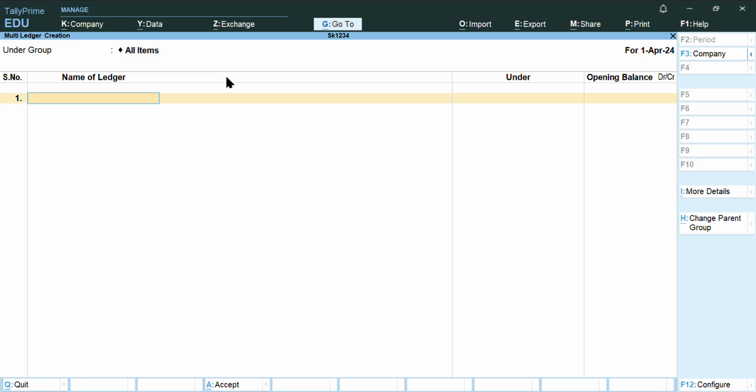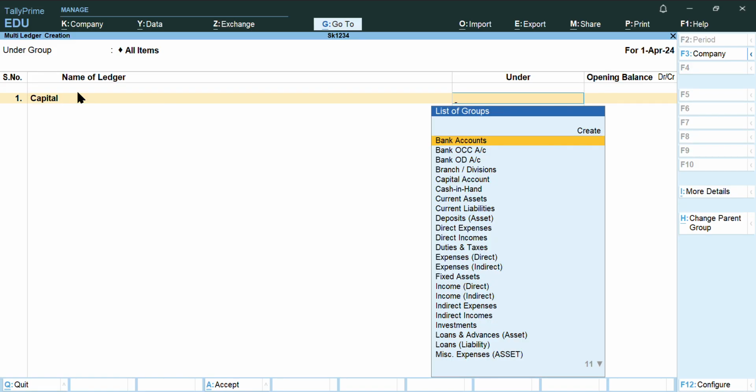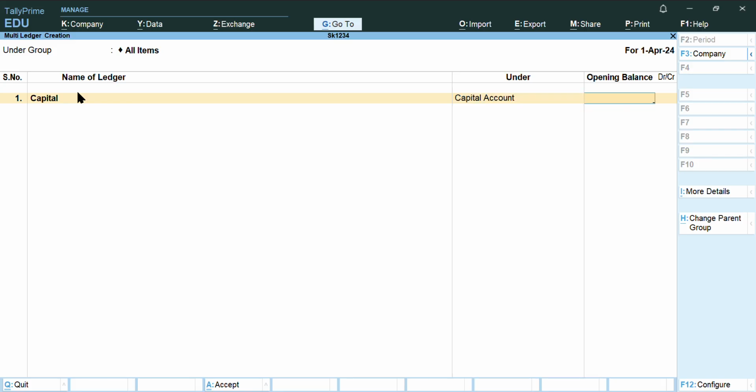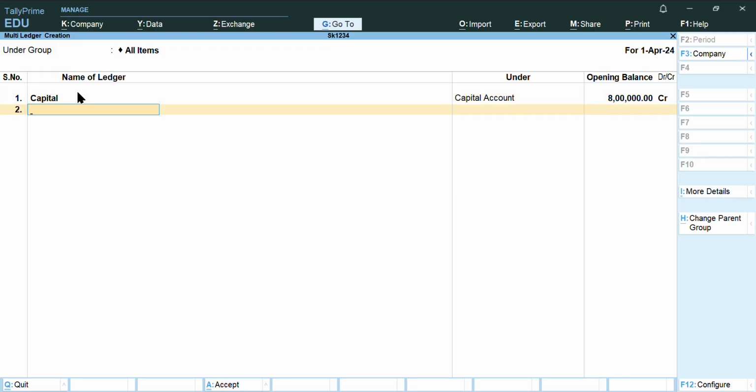So under the group all items, we'll be having the name of the ledger. So if you remember, our first ledger account was capital. Name of the ledger. Now under what category? So when we write the capital, the category comes capital accounts, and its balance was 8 lakh. Right. Now move on to the next.